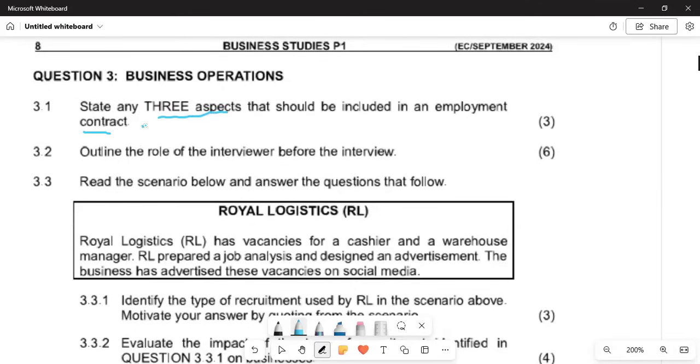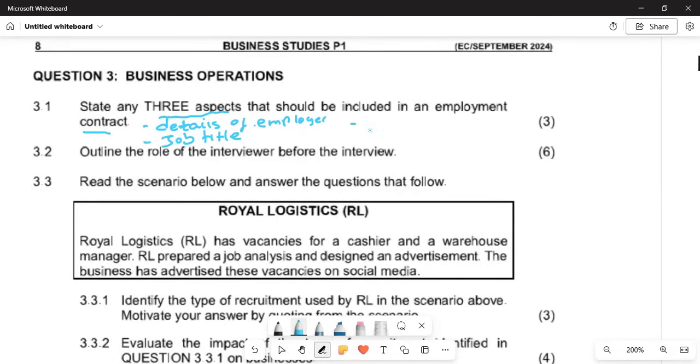So in an employment contract, we can talk about the details of the employer. That is when you're talking about the name as well as the address of the employer. We can talk about job title or position.